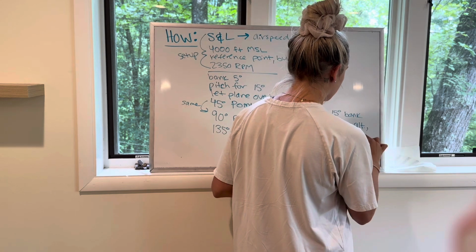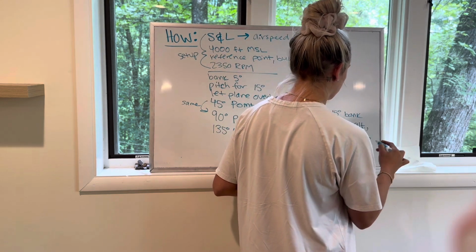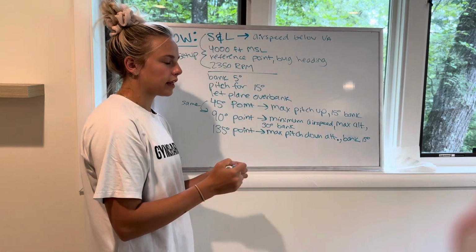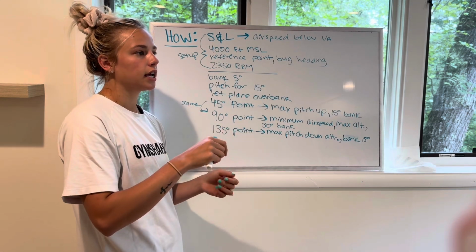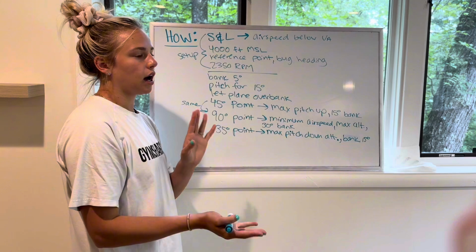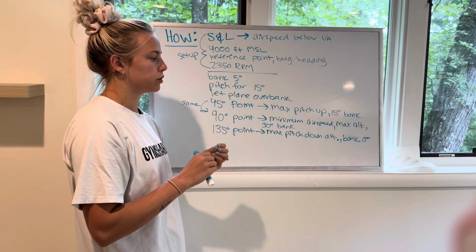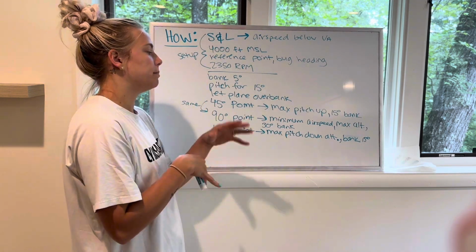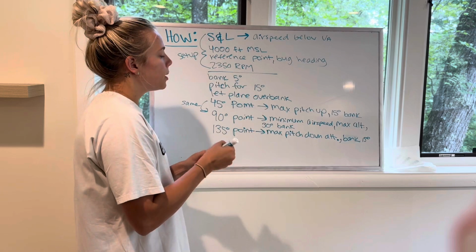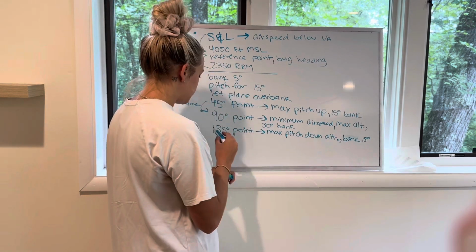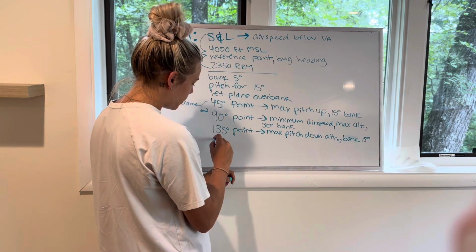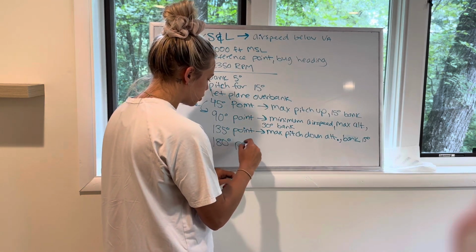And our bank should be around 15 degrees. I find naturally that I don't even have to think about the bank, but as I'm descending and still doing my turn, just naturally the bank kind of reduces, and I end up being at around 15 degrees of bank.